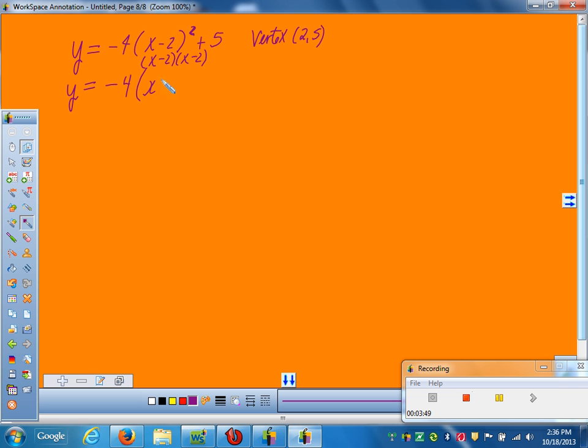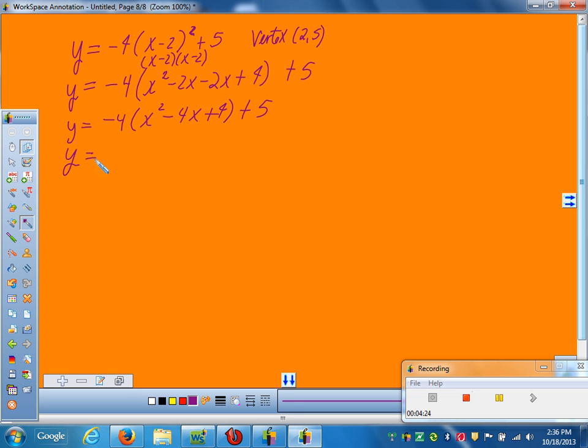We love to FOIL. So outsides are going to be -2x. Insides are going to be -2x. And lasts are going to be +4. And then don't forget the +5 out there on the end. Before I distribute the -4, I want to combine those middle terms. So it's really going to give me x squared minus 4x plus 4 plus 5.